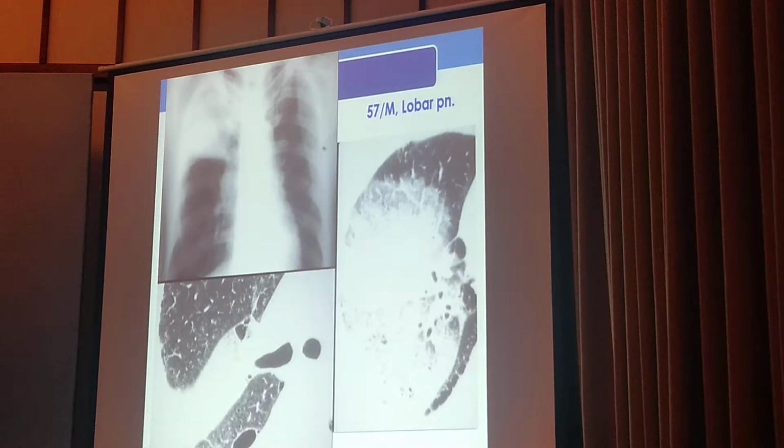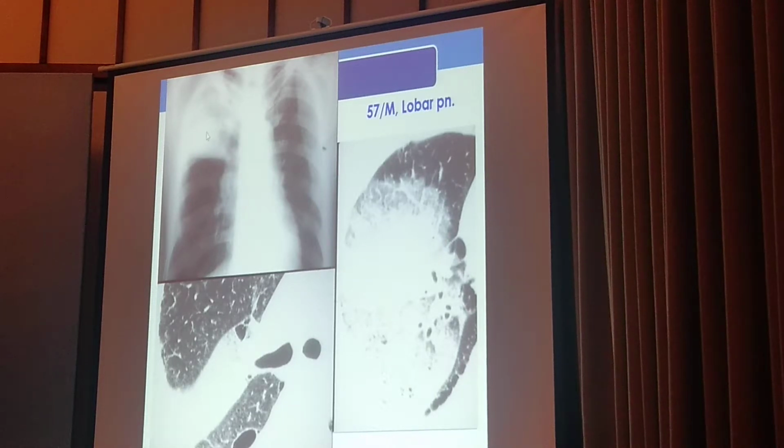This case shows homogeneous increased opacity on the right upper lobe, and the CT shows central dense consolidation and peripheral ground-glass opacity due to congestion, and well-demarcated margins by the major and minor fissure. It is a classic form of pneumonia.